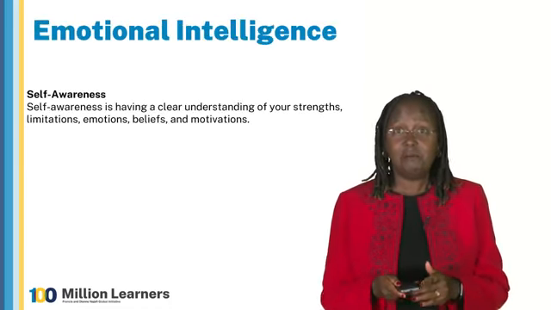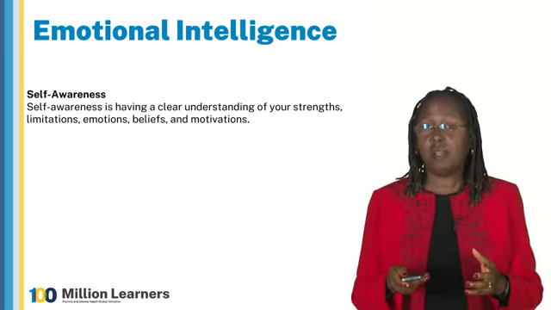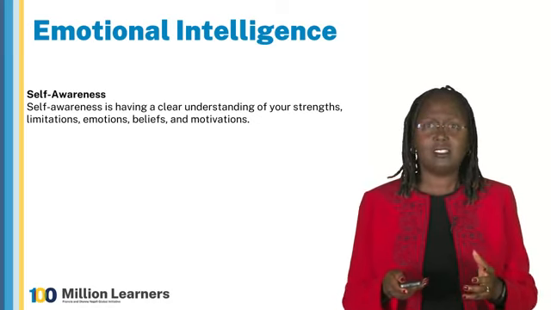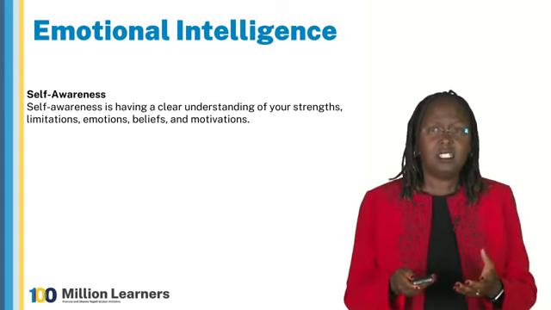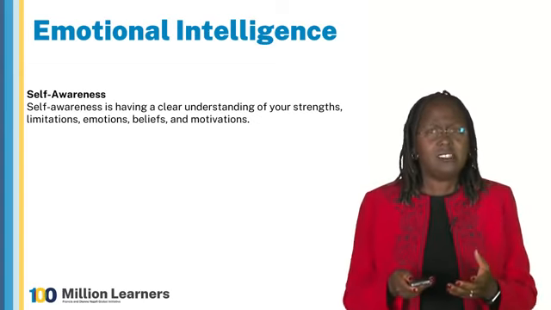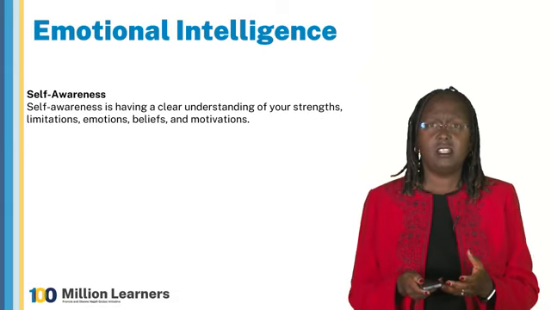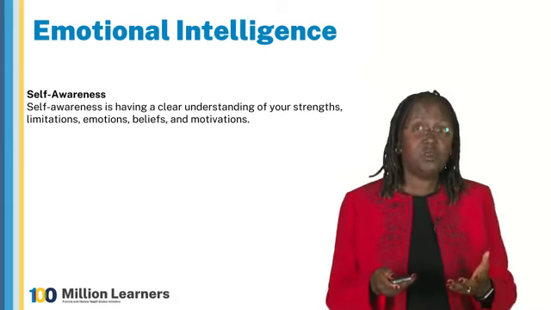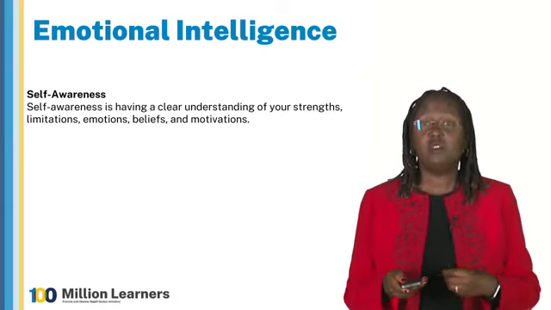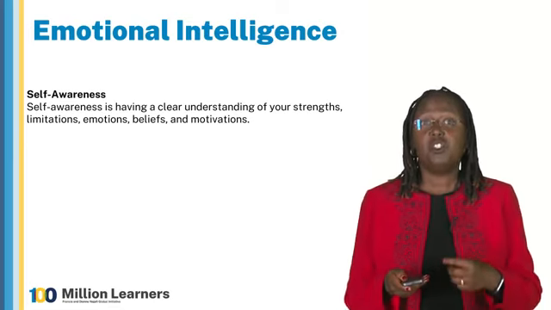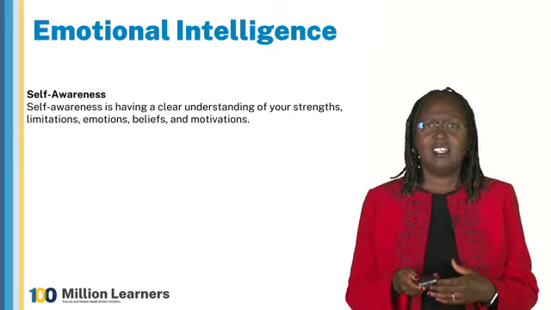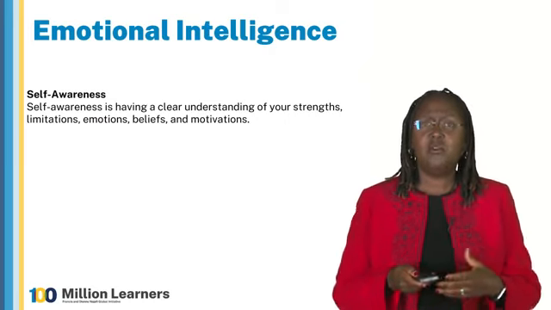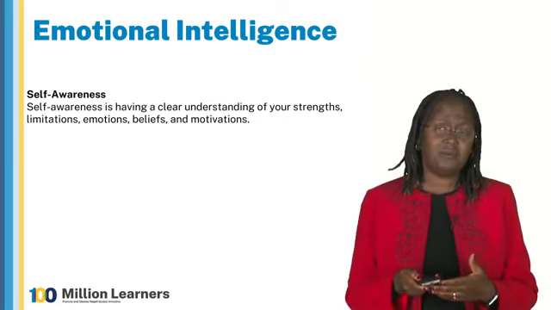The second big skill set that we want to have as we manage teams is emotional intelligence. It is a word often used, but not really fully discussed in how we think about what emotional intelligence is. Emotional intelligence for you as a leader is the ability to be self-aware about your strengths, your limitations, your emotions, your beliefs, your values, your motivations.